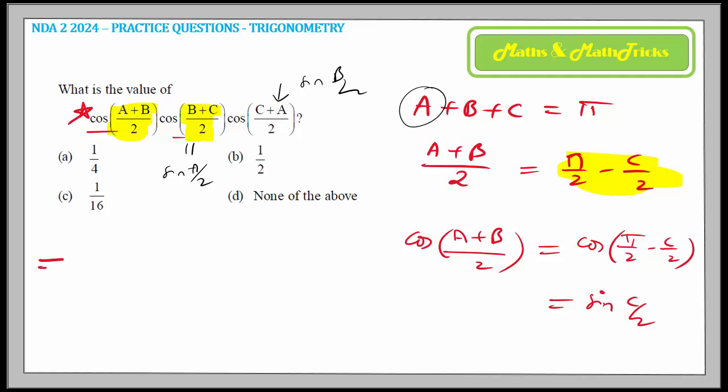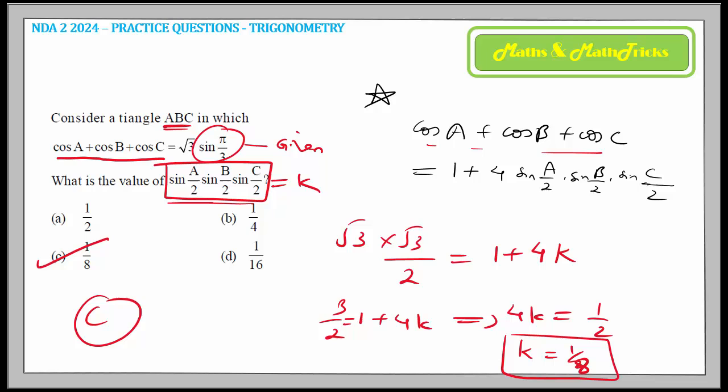The given question is reducing to sin C by 2, sin A by 2 and sin B by 2, which is again the question handled in the previous question, because this question is linked to the previous one. So we already answered that the value is 1 by 8.